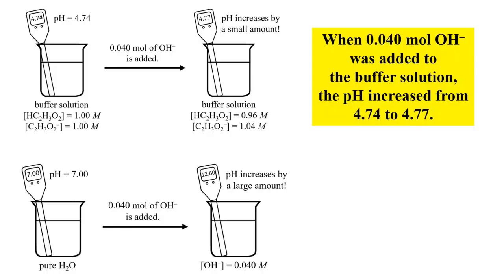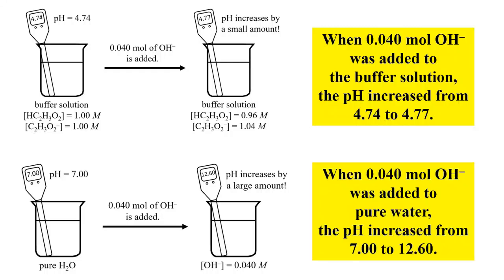But when that same amount of hydroxide, 0.040 moles of hydroxide, was added to pure water, there was a much larger increase in pH from 7 to 12.60. So again, illustrating the power of a buffer to maintain a relatively constant pH when either a small amount of a strong acid or a small amount of a strong base is added to this buffer. The pH was able to stay relatively constant for this buffer.